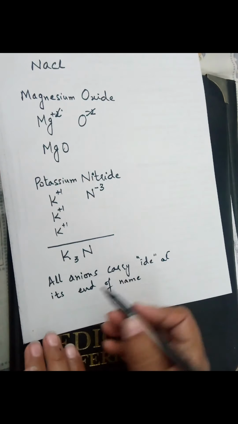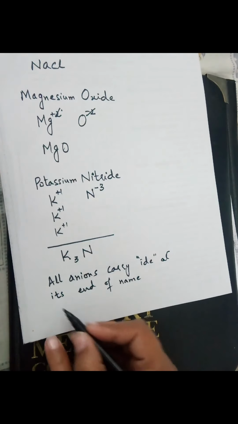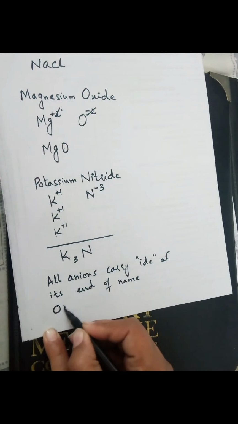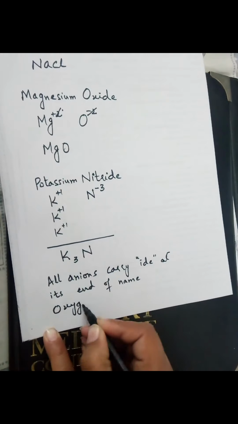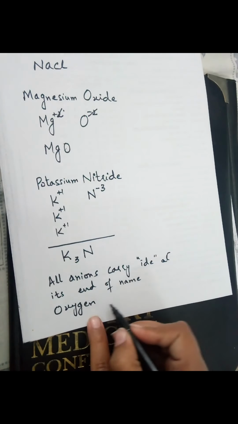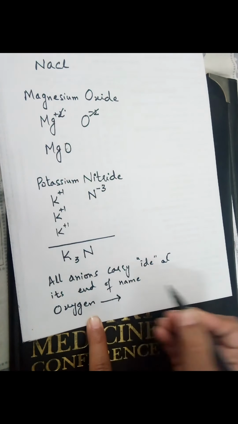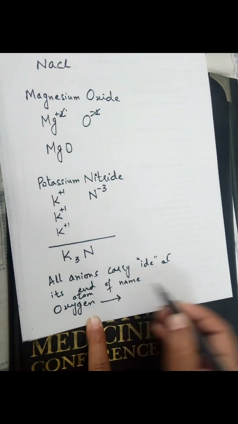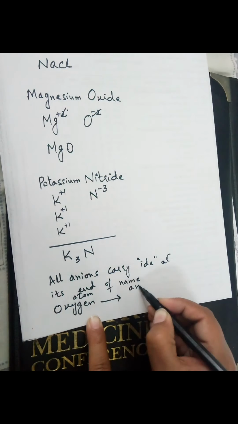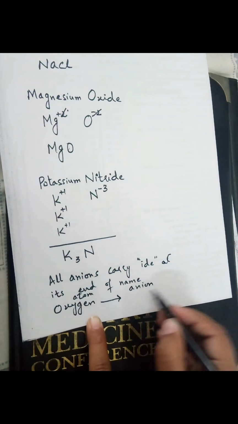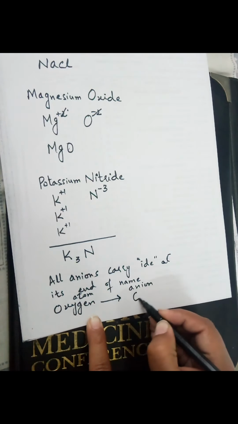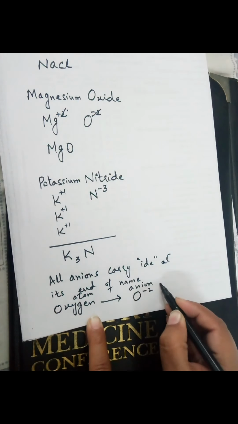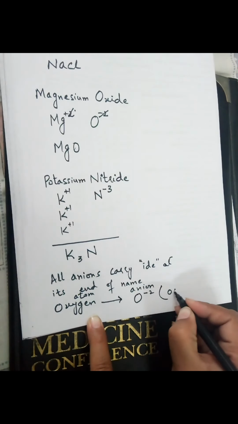Okay, for example, there was oxygen. So after becoming ion, oxygen is atom. When it becomes anion, mean negative ion, I would call it oxide.